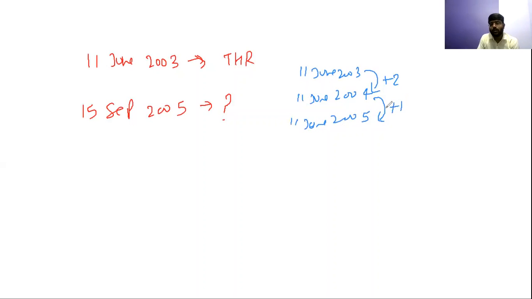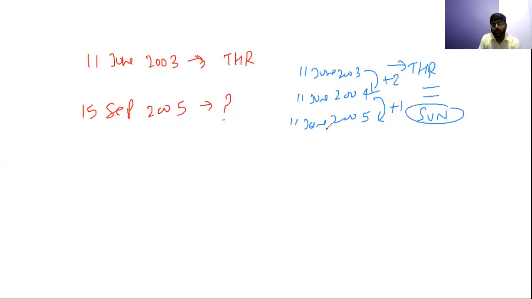So 2005 is ordinary, I will just add 1. So I'm adding 3 here. This was Thursday. If you add 3 to Thursday, it will be Friday, Saturday, and Sunday. So 11th June 2005 is Sunday. Thursday, then if I add 3: Thursday, Friday, Saturday, Sunday. Yes, it's a Sunday.